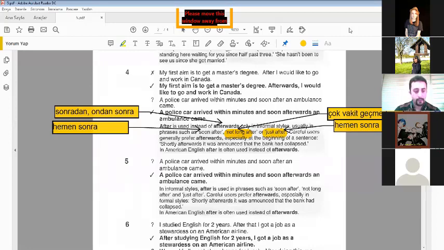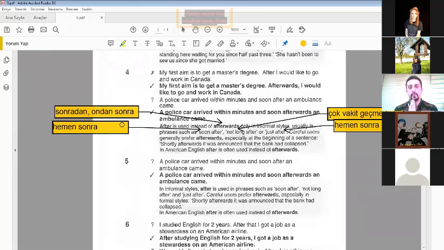So we have to learn how to use these words in our sentences. After is used instead of afterwards only in informal style. So whenever you are in an informal, friendly situation, you can use after.